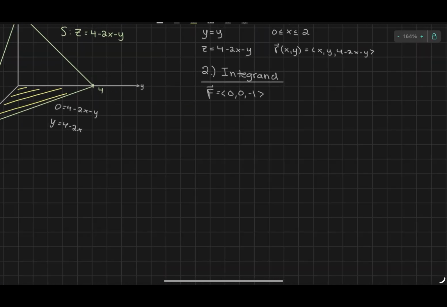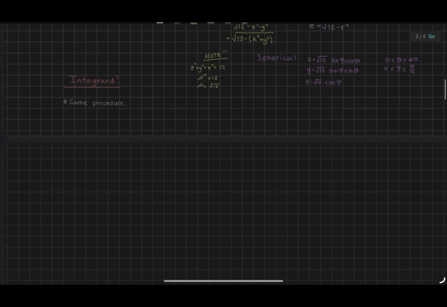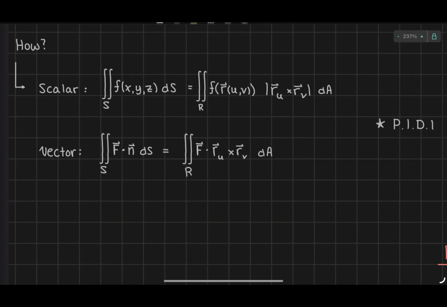And then for number 3, it's going to be our differential. So I guess let's just go ahead and scroll all the way up and return to our vector. What our differential is going to be, well, we already solved for our bounds. We did our parameterization step. We already solved for our integrand.